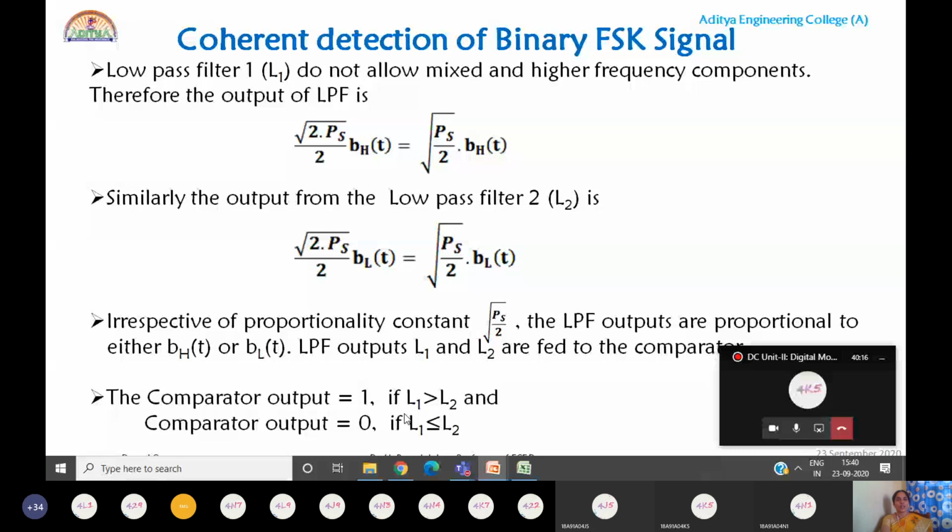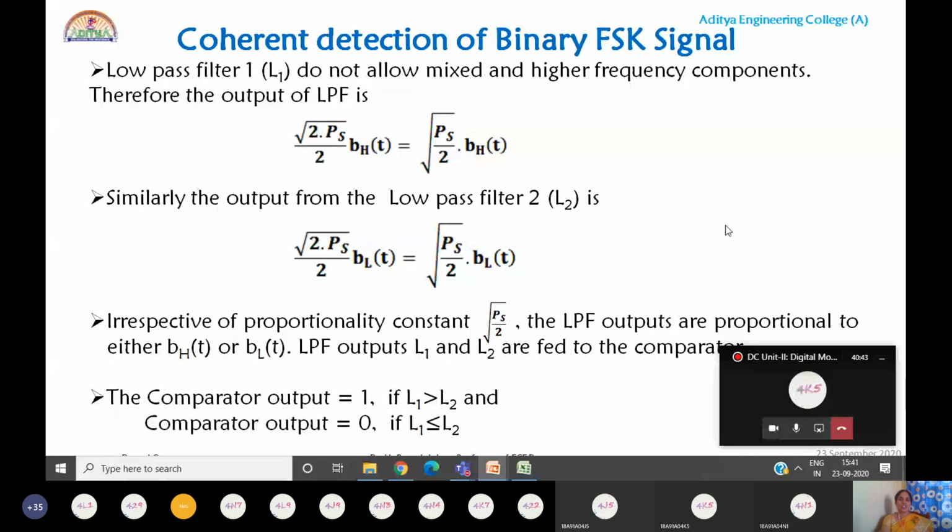So if upper correlator output is greater than lower correlator output, data is assumed to be 1 and data is decided as 0 when lower correlator output is greater than upper correlator output.